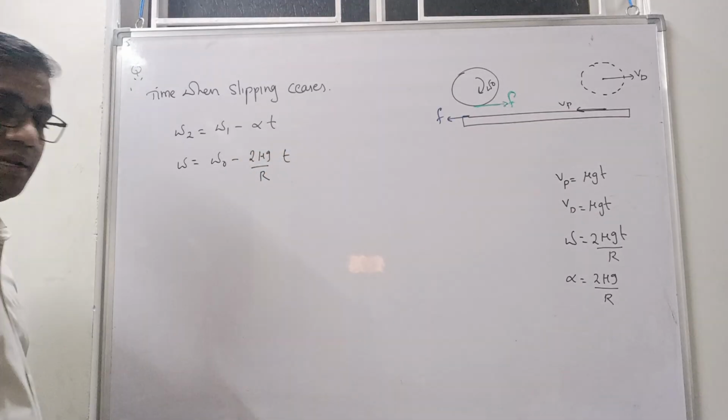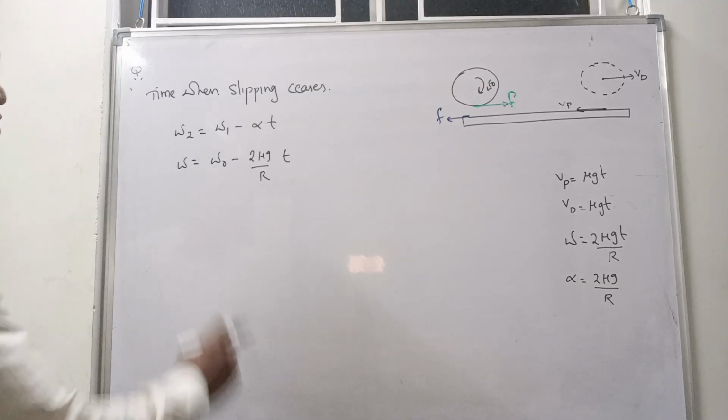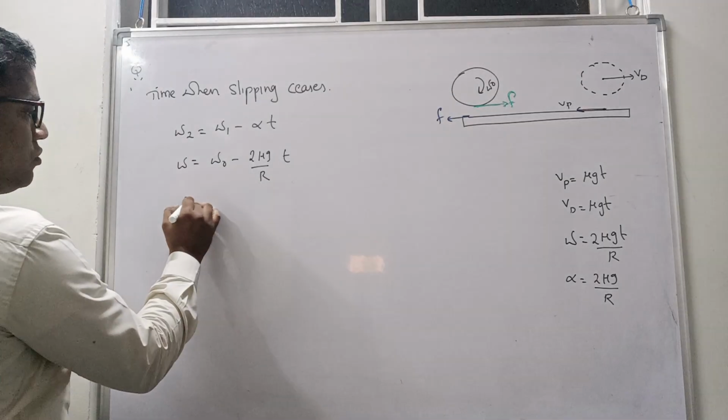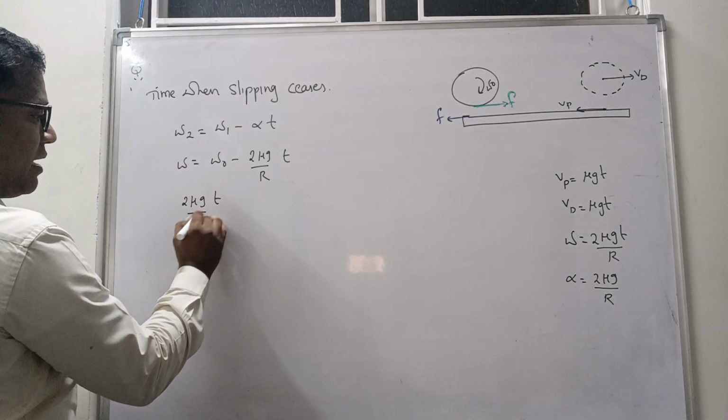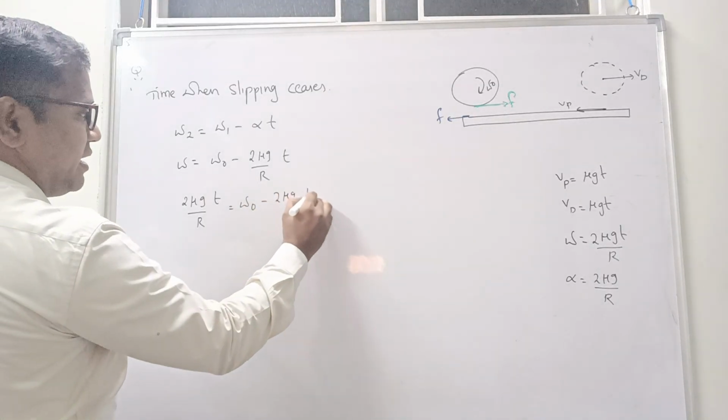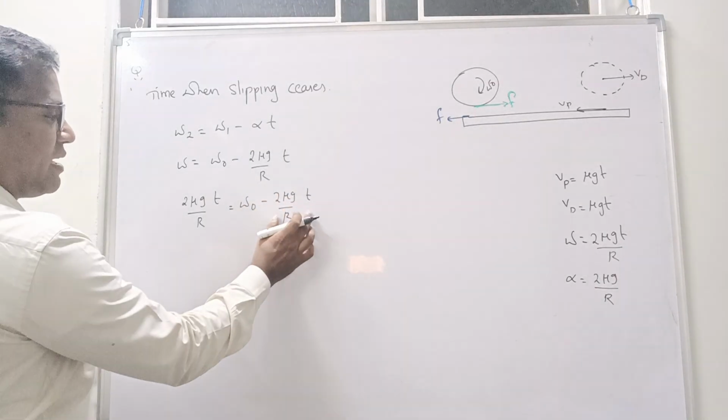So what do we have to calculate? Clear? The omega value is also given there. We got omega as 2 mu g t by r, which is equal to omega naught minus 2 mu g t by r. So this is minus, I will send it to the other side.